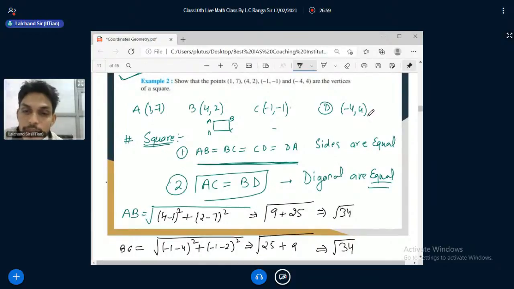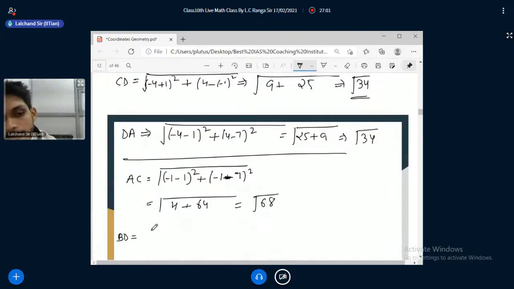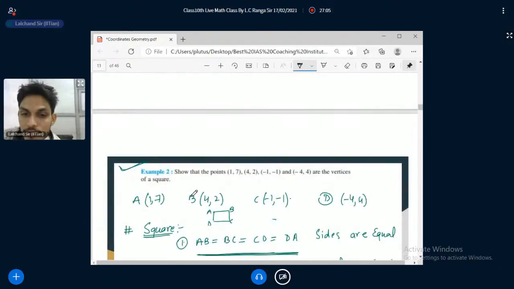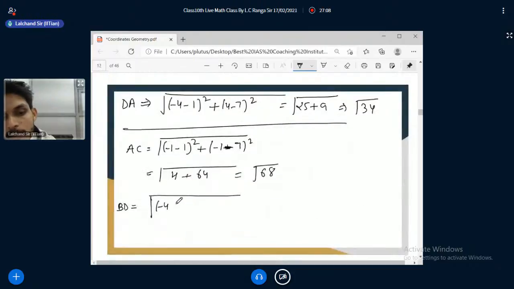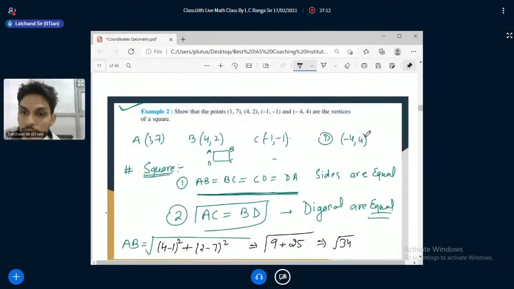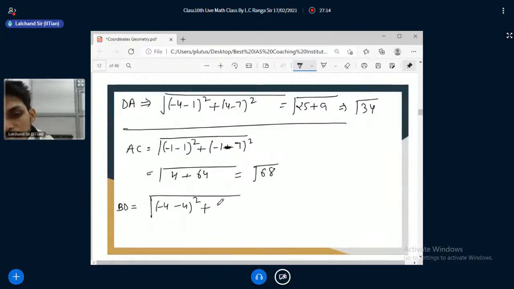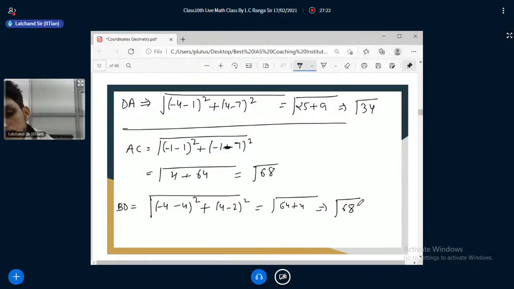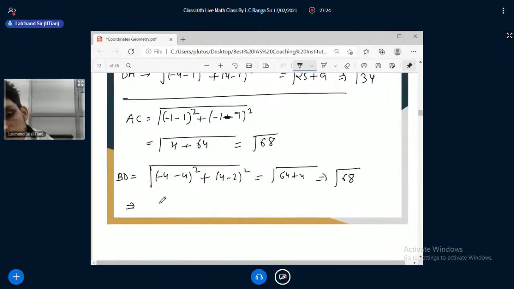So we can write (minus 4 minus 4) squared plus (4 minus 2) squared. So this is also equal to 64 plus 4, that is the square root of 68. So we can say diagonal AC is equal to diagonal BD.